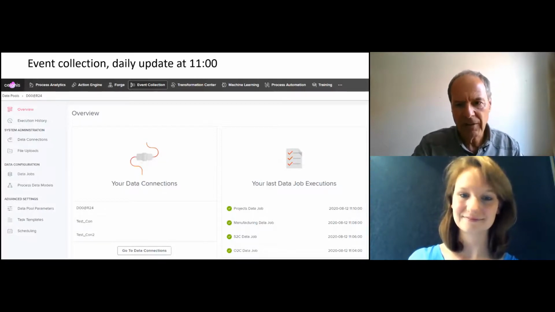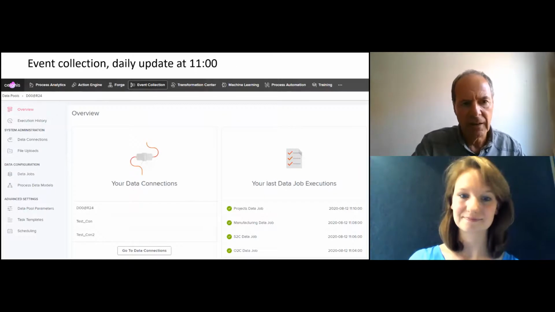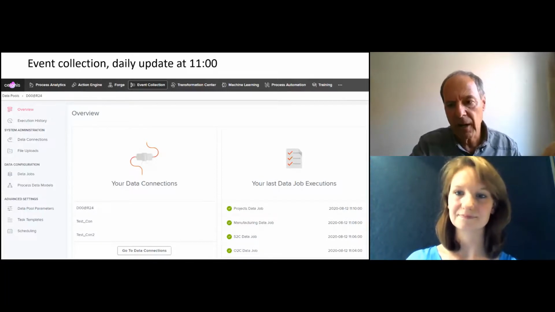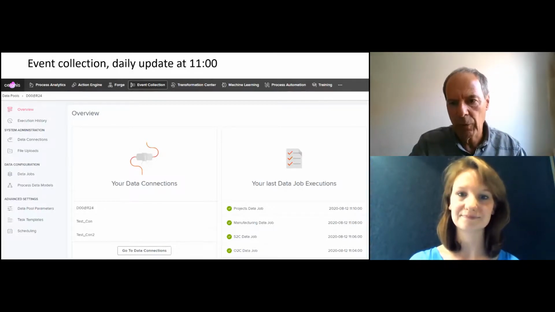So we connect to our system, we get the SQLs, the data from the HANA, and then we upload it every day to Celonis. That's why students can see it daily, because from 8:30 to 11 they work in the department, and after 11 they start working in a project. We have a matrix organization.